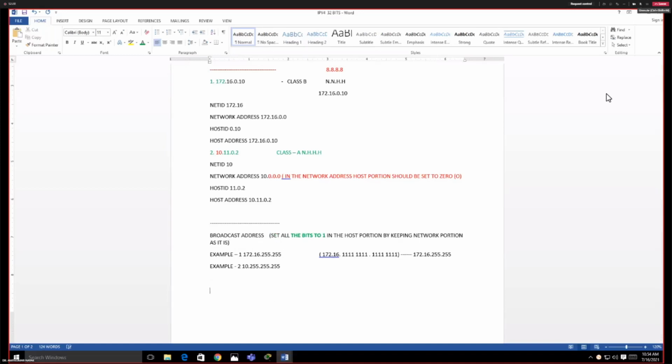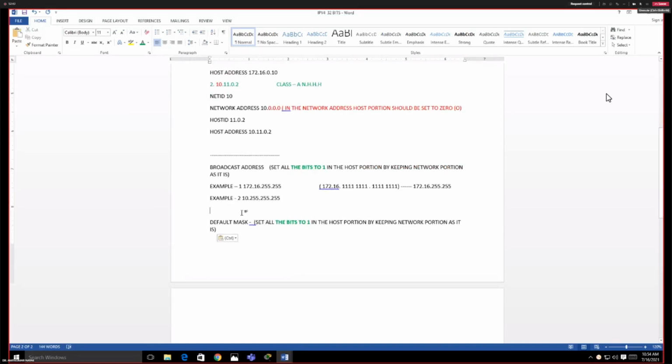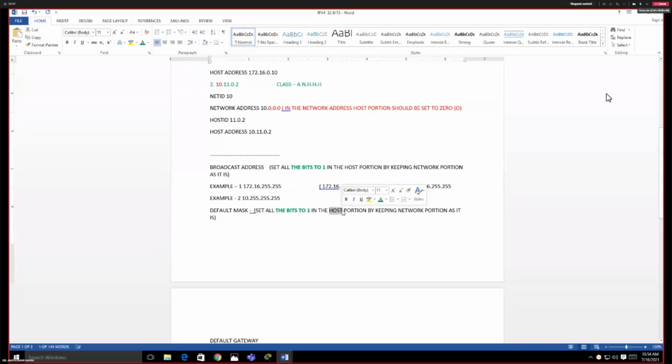If you want to calculate the default mask, let me write the rule so that it will be clear to you. The rule for the default mask is to set all the bits to 1 in the network portion by keeping the host portion as 0.